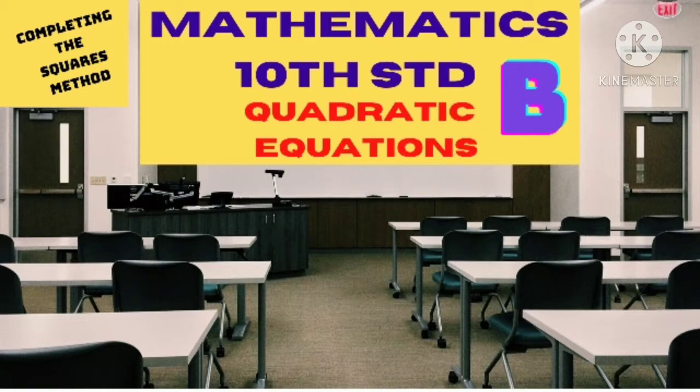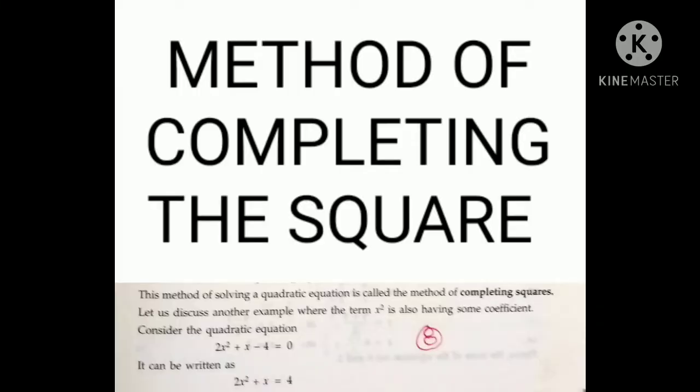This new method we will discuss today, and this method of solving a quadratic equation or finding the roots or the solution of a quadratic equation is known as the method of completing the squares. Let us see some examples and you'll get a very clear idea about the process. When we talk of a quadratic equation, we write the general form as ax square plus bx plus c is equal to 0.